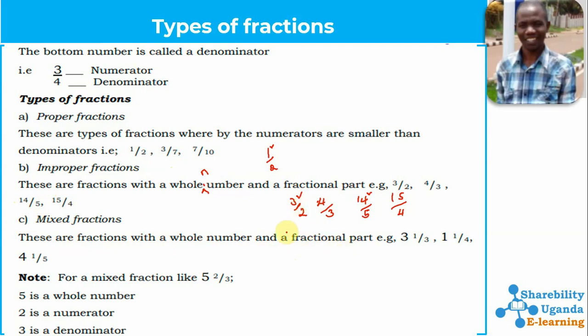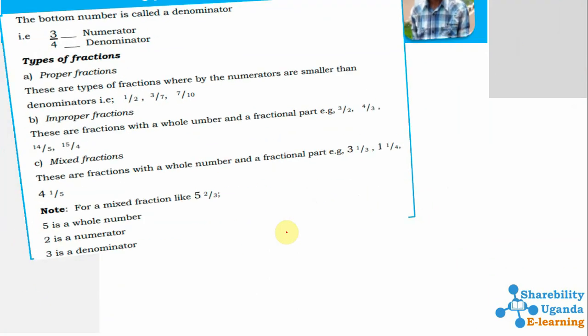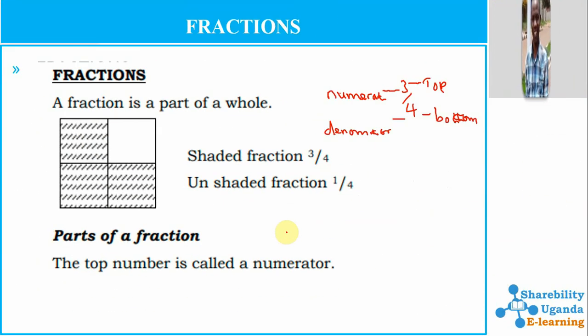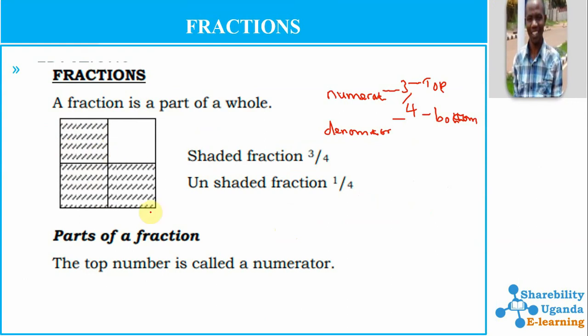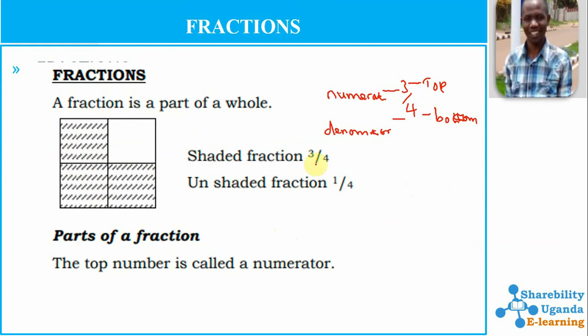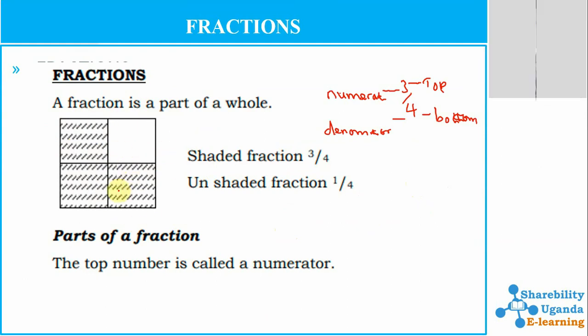As you can remember, given our shape here, which is a square, the whole of this you can give a 1, which clarifies it to be a whole. Then we start dividing it, and we form what we call portions.